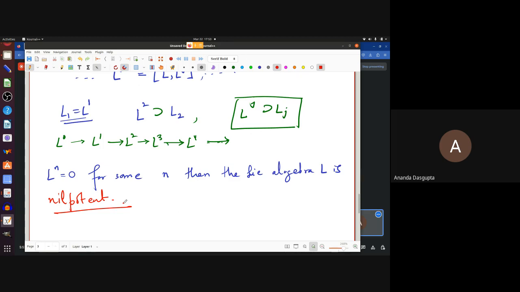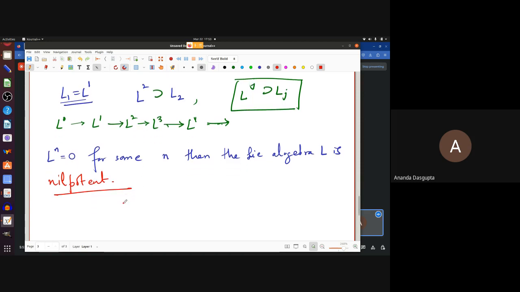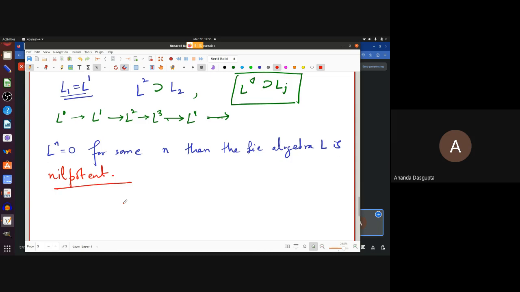But since we have gone this far, can you tell me what is the connection between nilpotency and solvability? Is there a link? Does one imply the other, or the other way around? Nilpotent guarantees solvability, I think. Right, because nilpotent would of course mean that there is some n for which L upper n is 0.